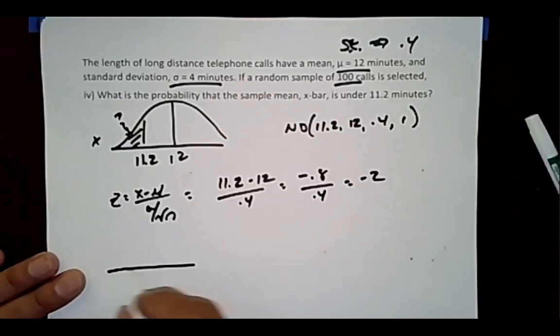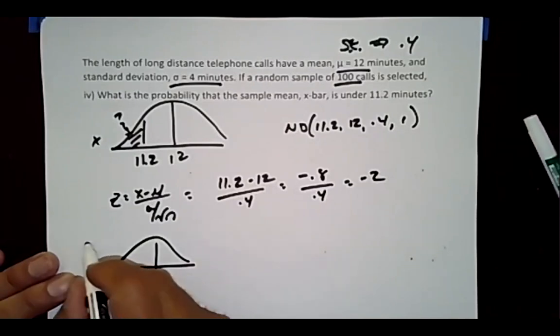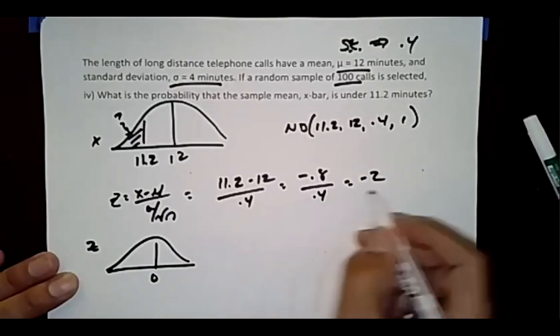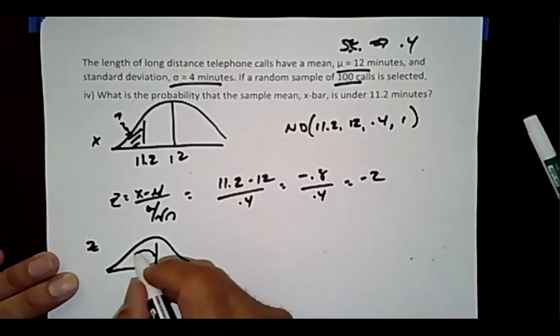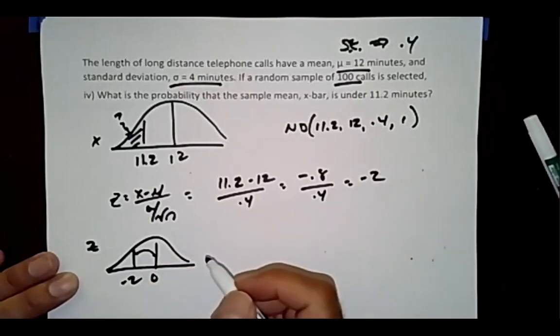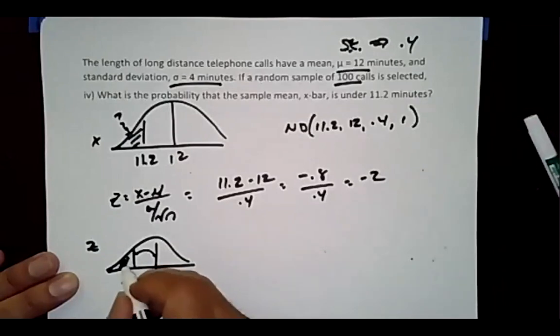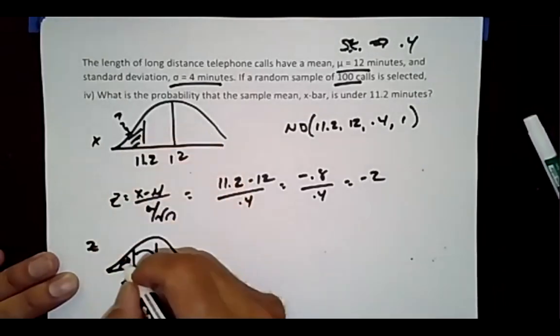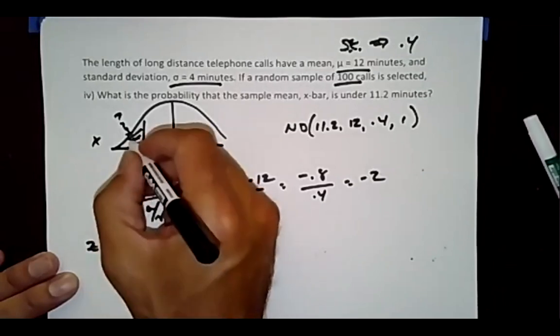There's a z curve. This is 0. Negative 2 just means to the left. Again, this area and this area are the same.